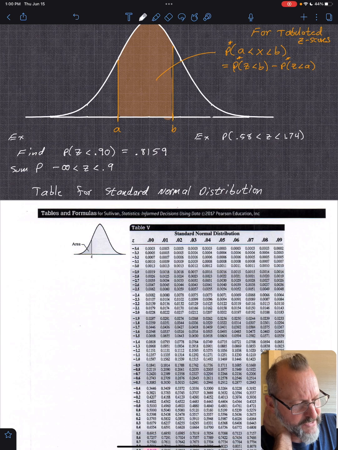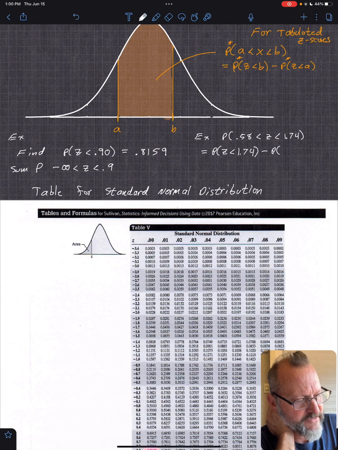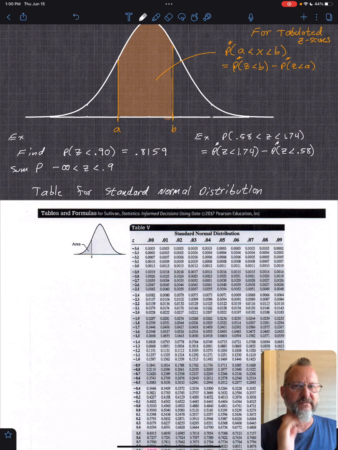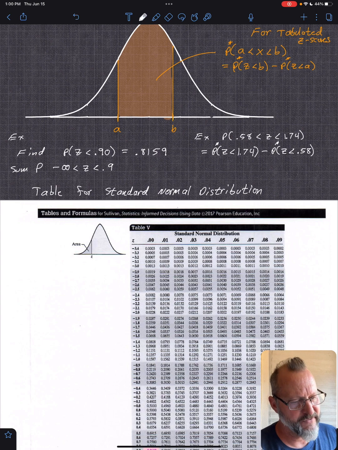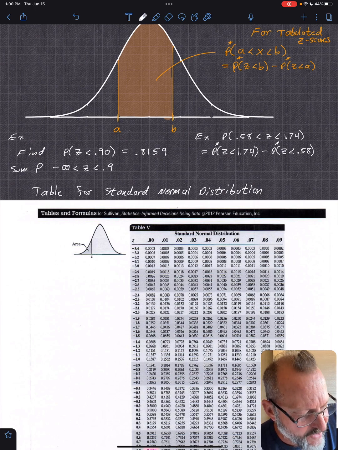So you're going to find the probability that z is less than 1.74, and then you're going to subtract the probability that z is less than 0.58. And that, again, only works for the cumulative tables. That's not a true statement otherwise. So the cumulative tables is what you're looking up there, and then you subtract them.